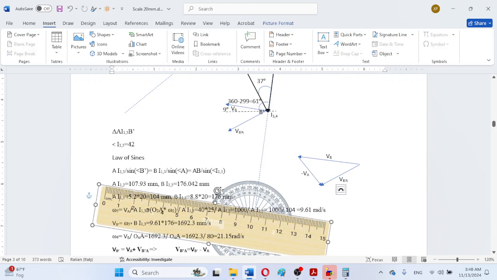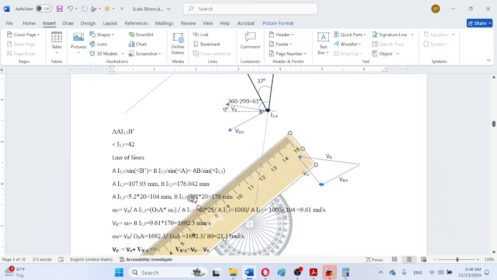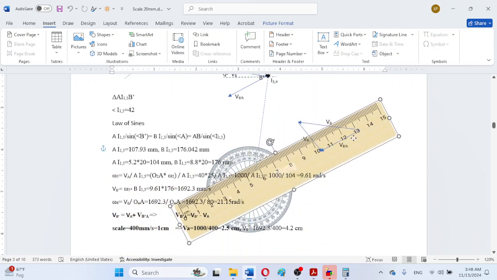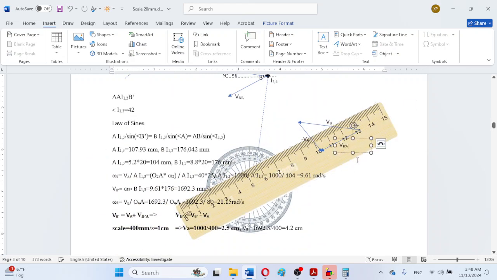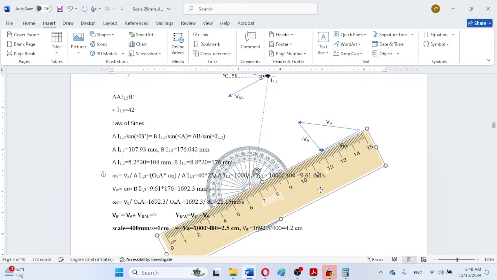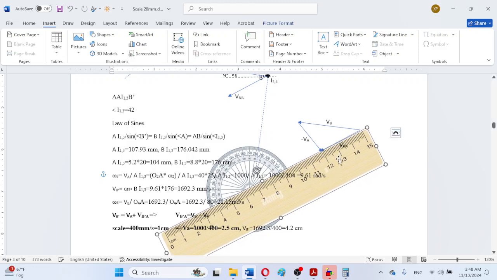So for example, just move this scale here, sorry, at this, approximately we keep it exactly parallel to the velocity vector line, but I am just approximating just to make you understand.